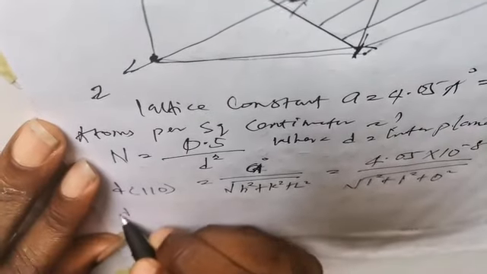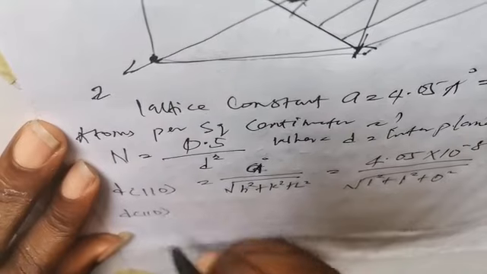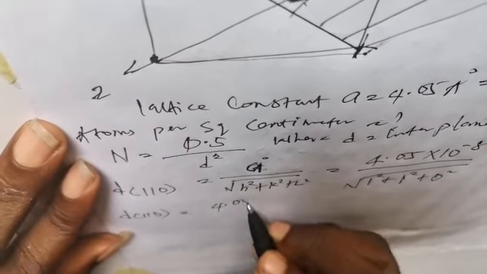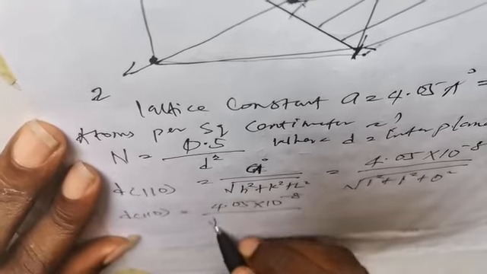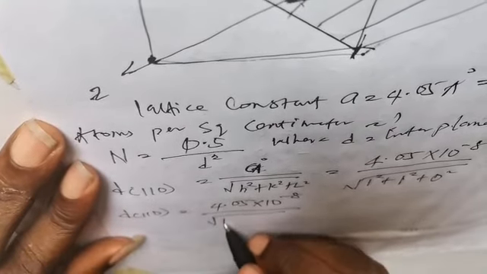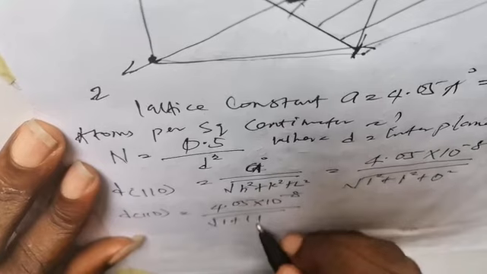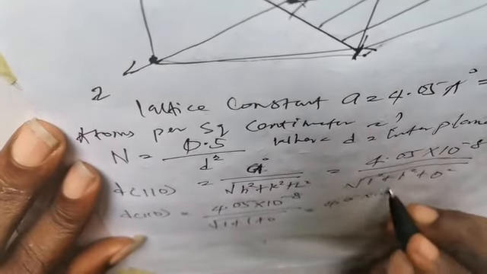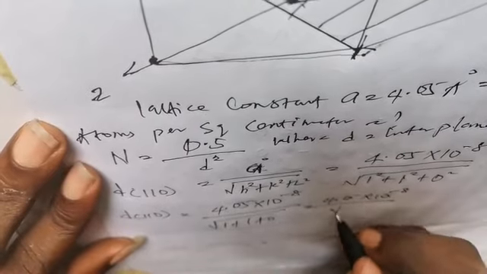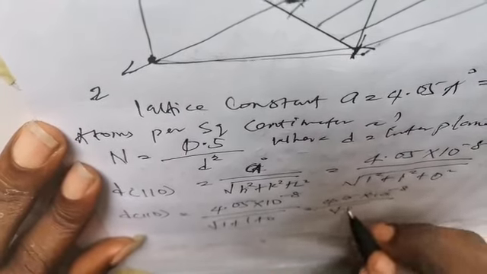So the interplanar spacing for the 110 plane is now equal to 4.05 by 10 to the power of minus 8 all over the square root of 1 squared, which is 1, plus 1 squared, which is 1, plus 0. So you have 4.05 by 10 to the power of minus 8 divided by the square root of 1 plus 1 plus 0, which is 2.